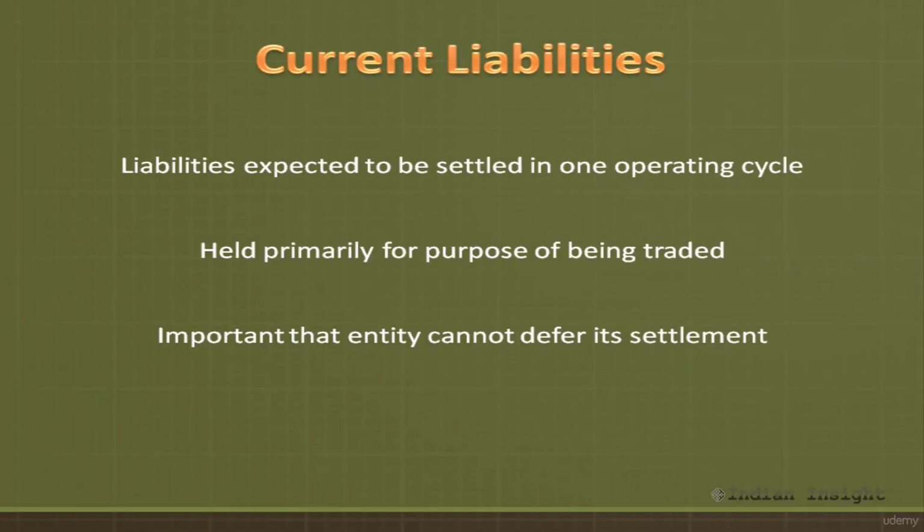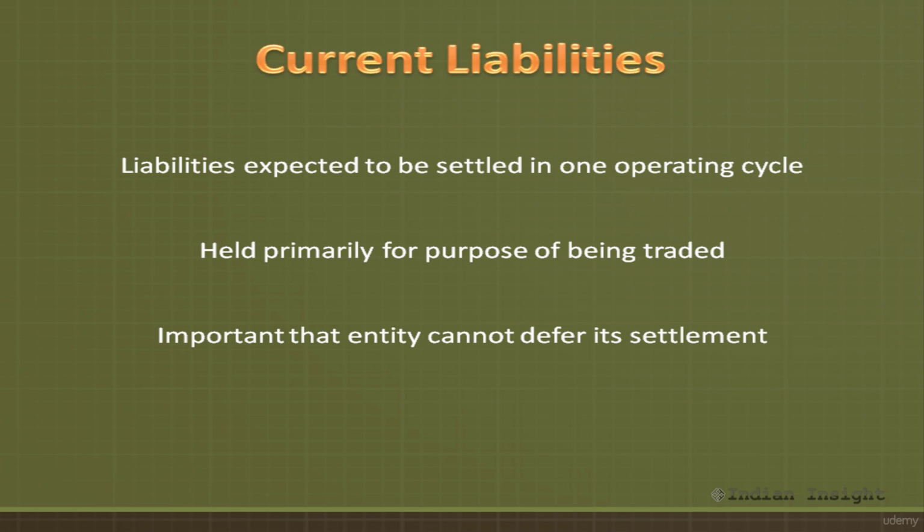Similarly, current liabilities are liabilities expected to be settled within 1 year or within one operating cycle of the business. For the purpose of classifying a liability as current liability, it should meet certain criteria. Now this criteria is shown here. Firstly, a liability can be classified as current liability only if it is expected to be settled in the entity's normal operating cycle.